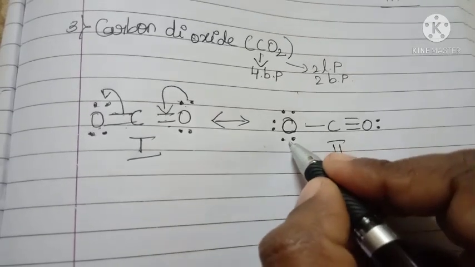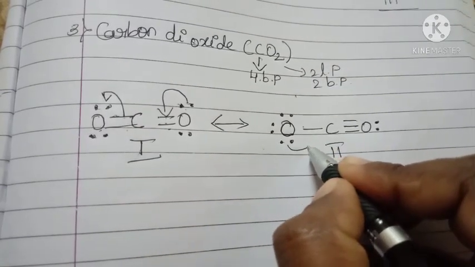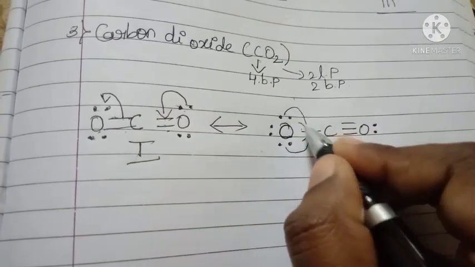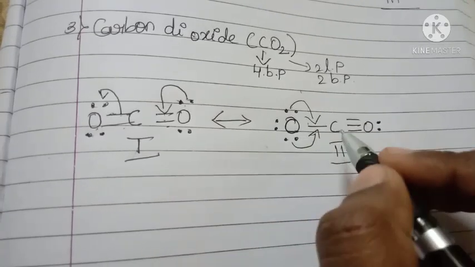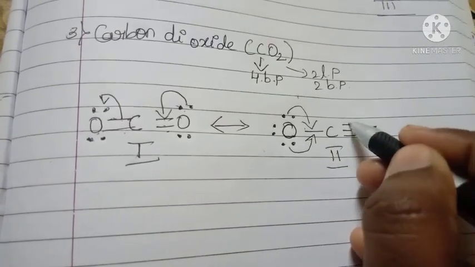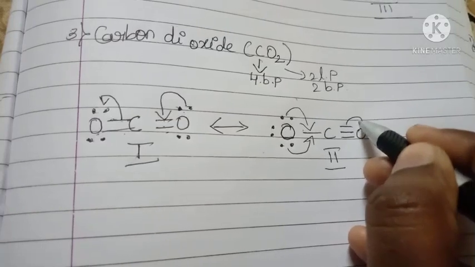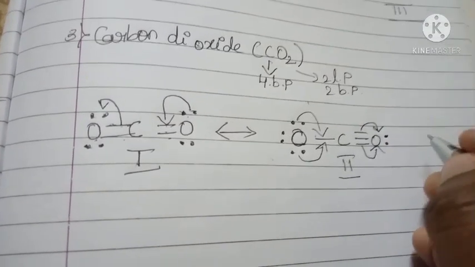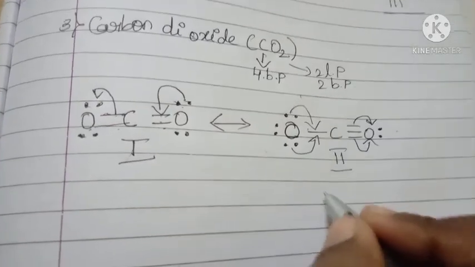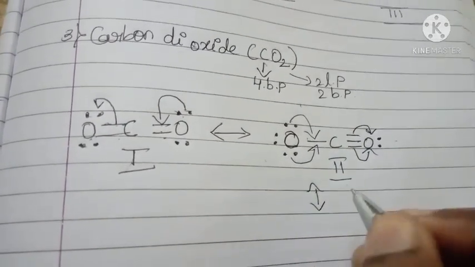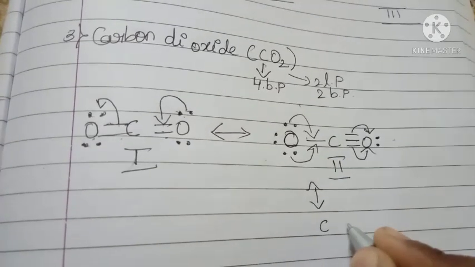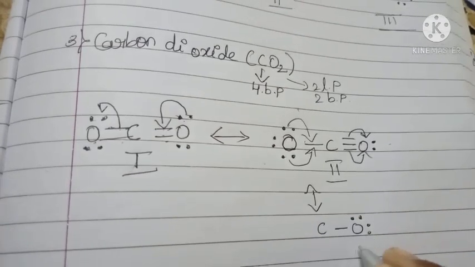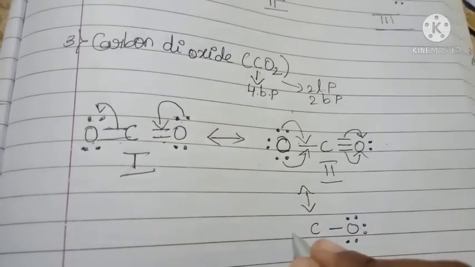In the third possible structure, this bond pair should go here and this also goes here. 2 lone pairs should be converted to bond pairs, and here these 2 bond pairs should be converted to lone pairs. Okay, so the third one is C single bond O, 1 2 3 lone pairs.